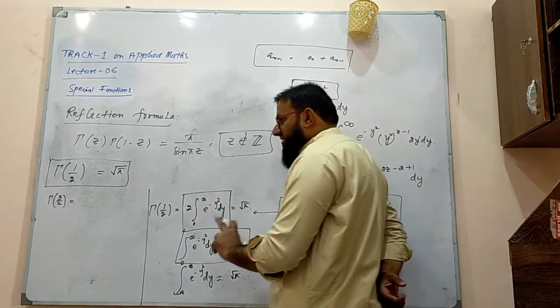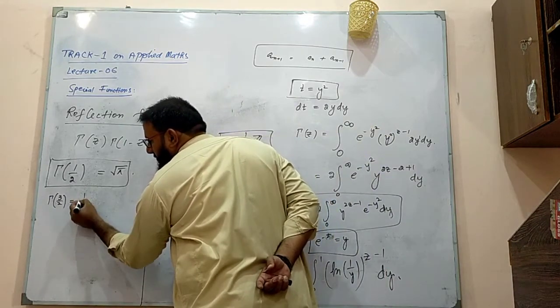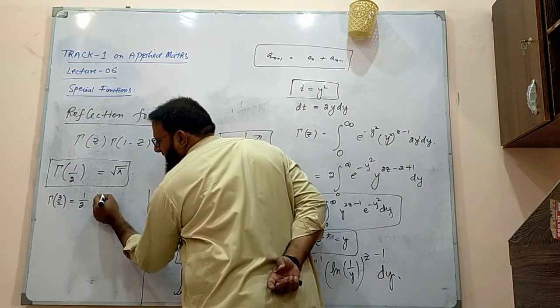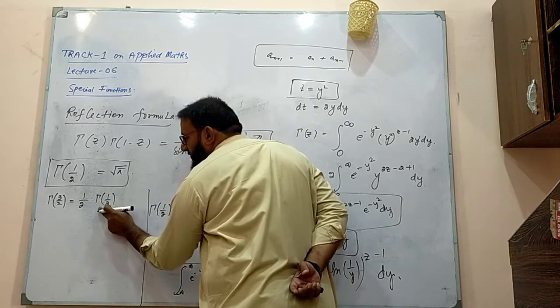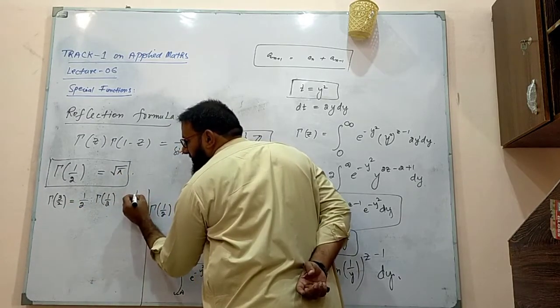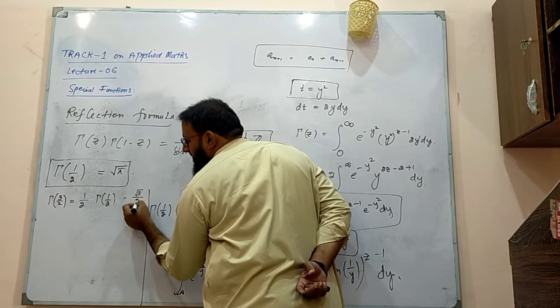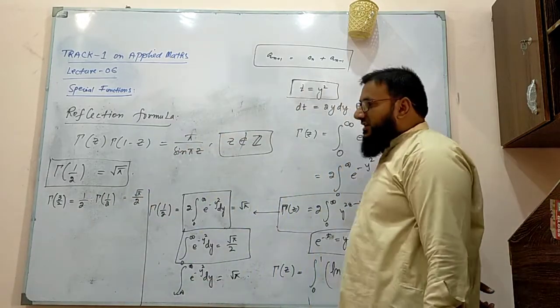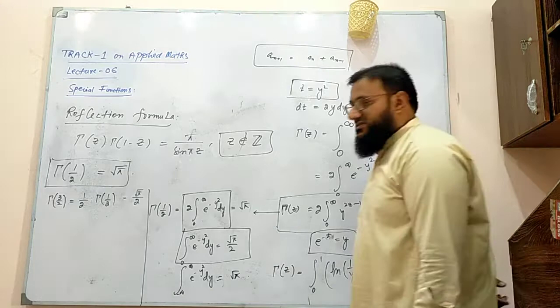So this is equal to 1/2 times gamma of 1/2. And we know very well gamma of 1/2 is the square root of pi. So the value of gamma of 3/2 is going to be square root of pi by 2.